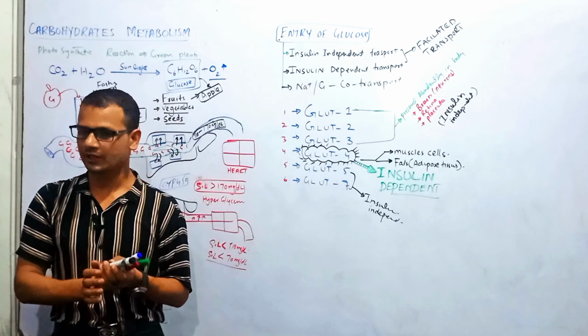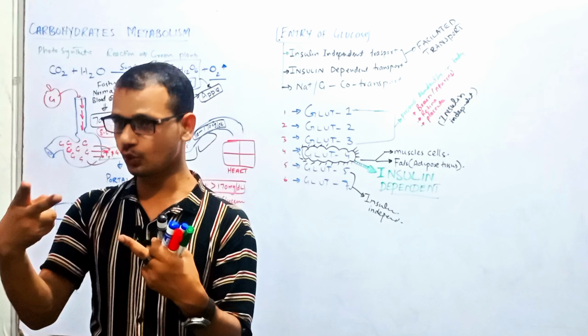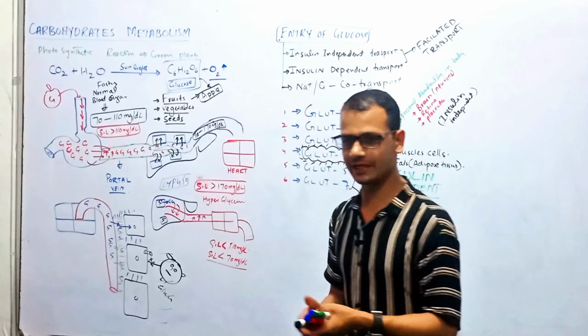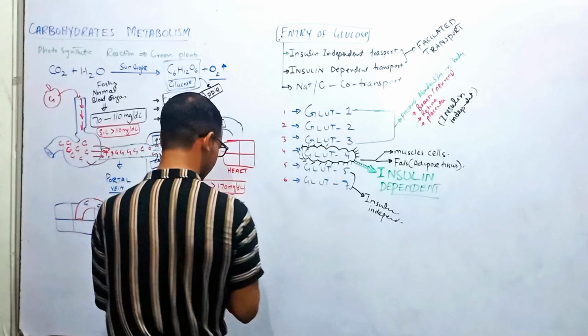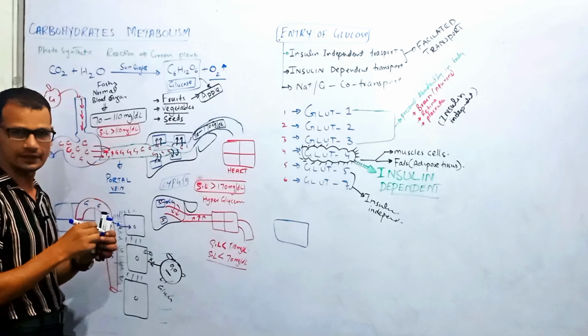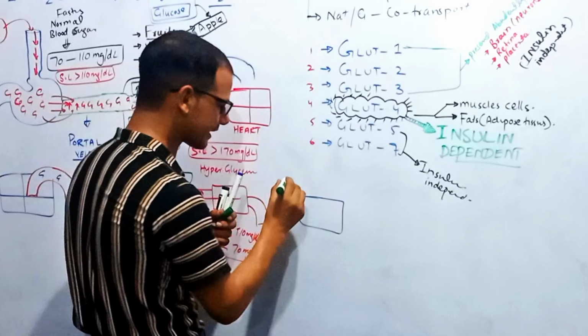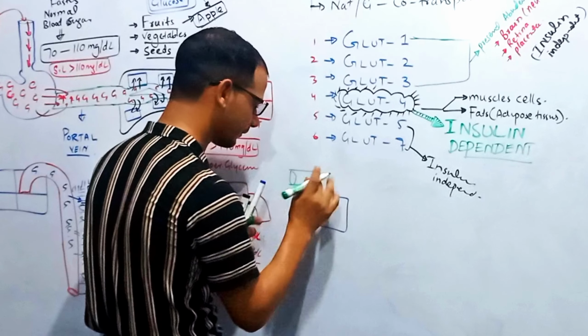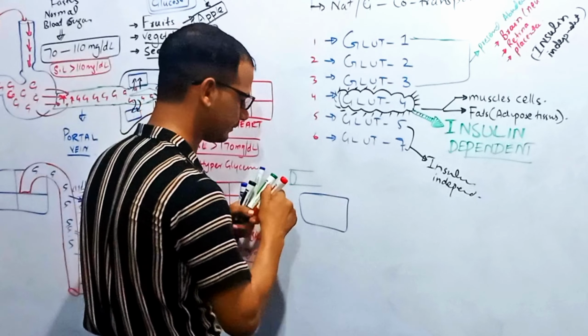Right? Where is Glut 2 present? Glut 2 is present in the areas which can take glucose freely from extracellular fluids into the cell and can give the glucose back into the interstitial fluids. These areas need two-way transport. For example, hepatocytes. Here I am drawing one hepatocyte, and this is the portal blood supply.